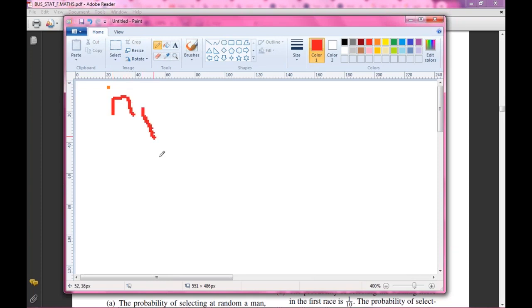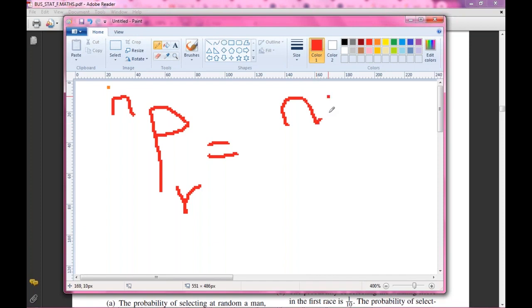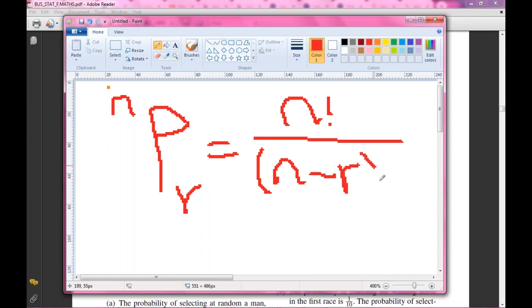Mathematically, n permutation r, written as n, capital letter P, r, is equal to n factorial all over, you open a bracket, n minus r, you close the bracket, factorial.